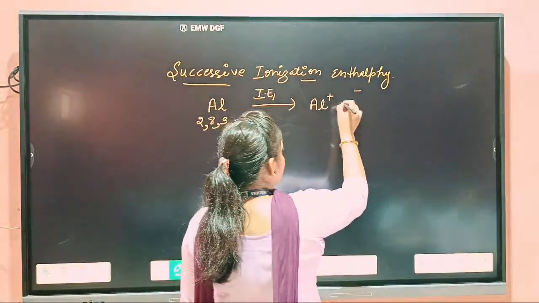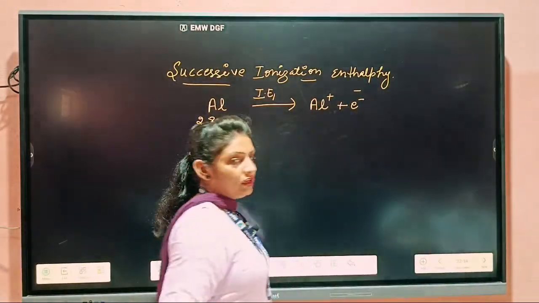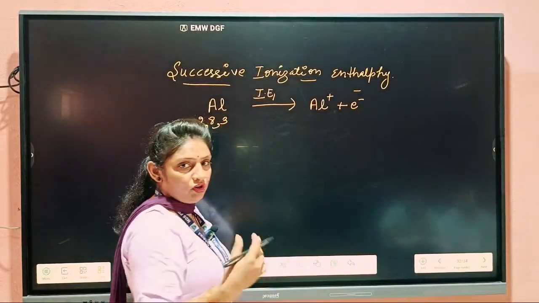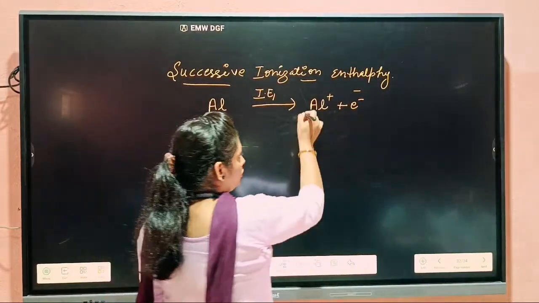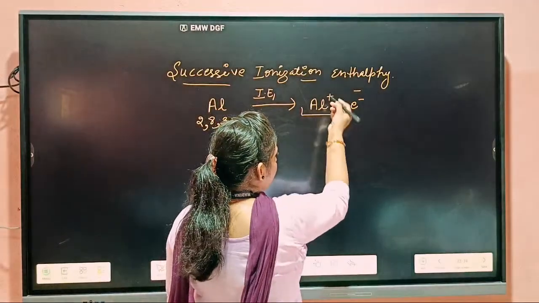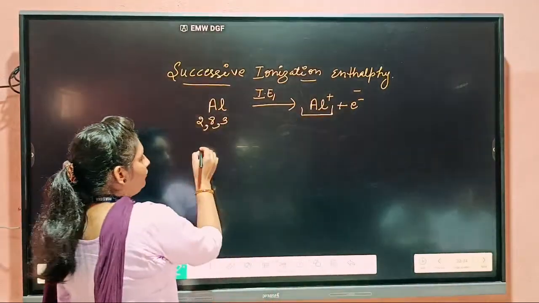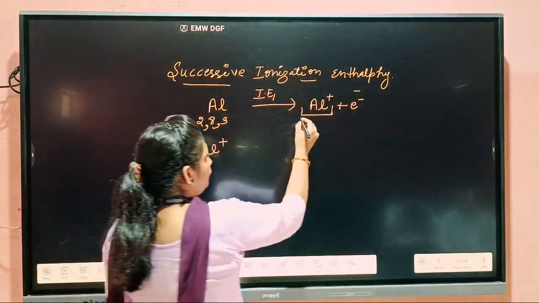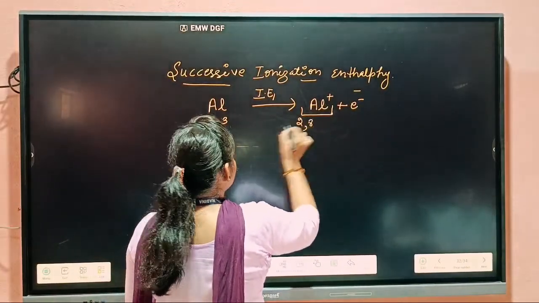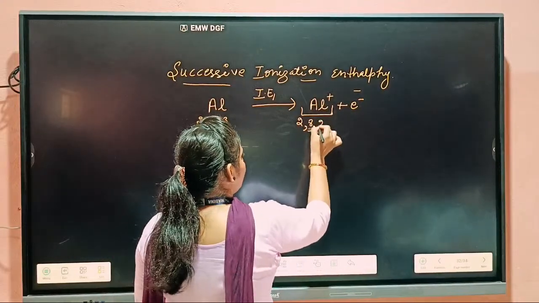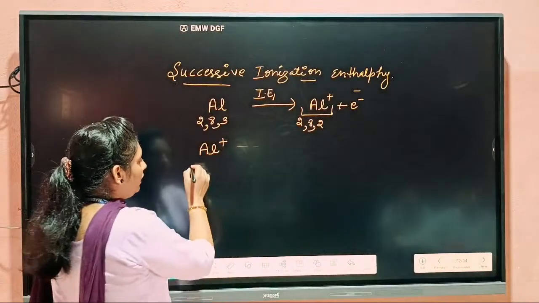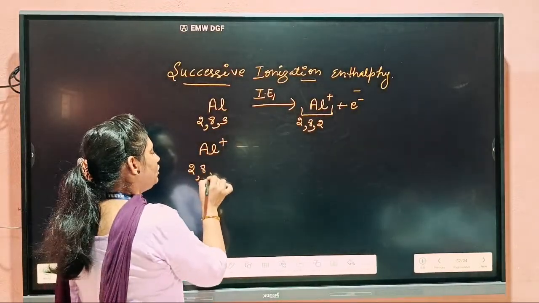Now I want to remove one more electron. Now it is present in the form of Al plus. What is its configuration? 2, 8, 2, because one electron has already been removed.